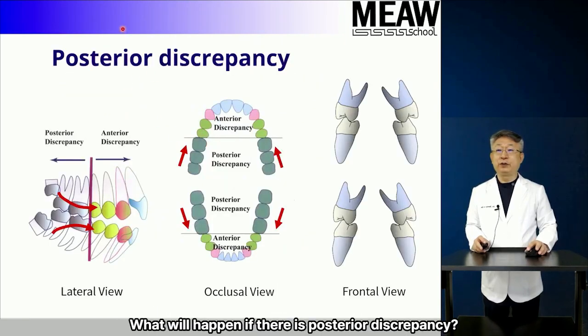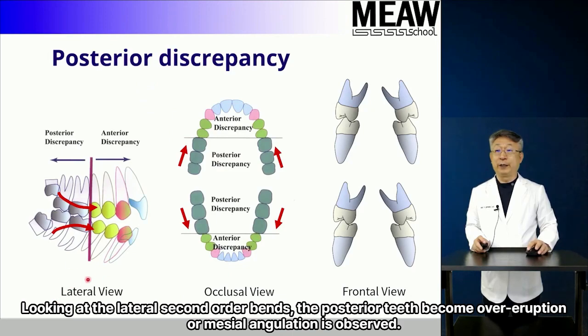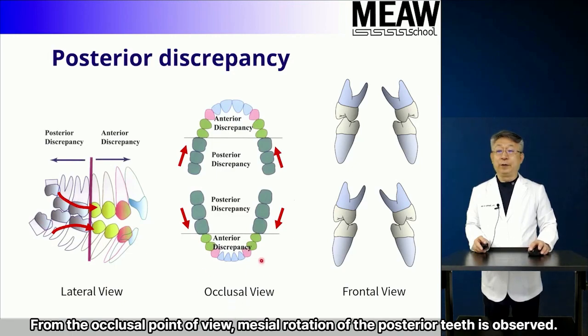What will happen if there is posterior discrepancy? Looking at the lateral second-order bends, the posterior teeth become over-erupted or mesial angulation is observed. From the occlusal point of view, mesial rotation of the posterior teeth is observed.